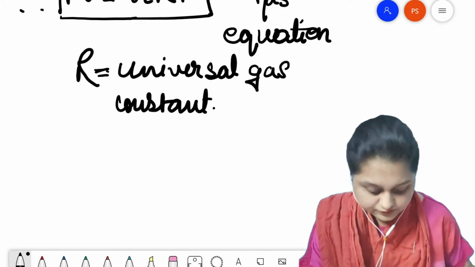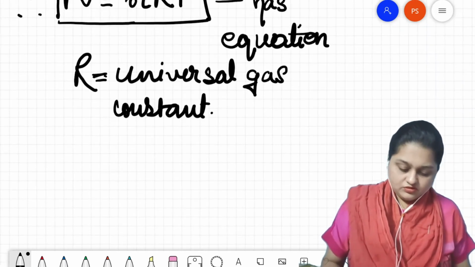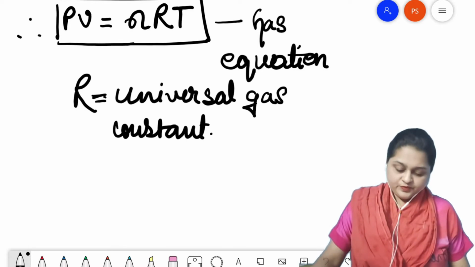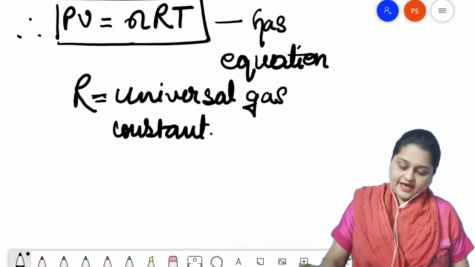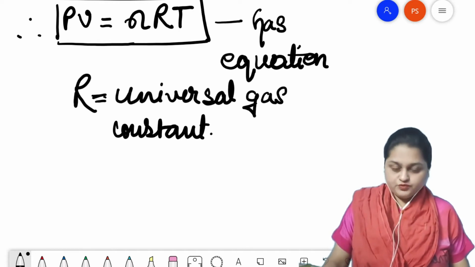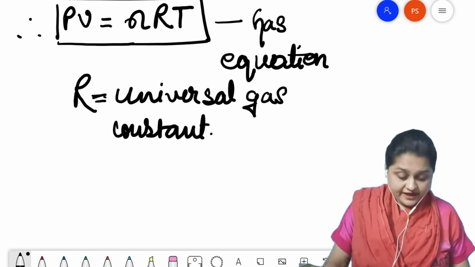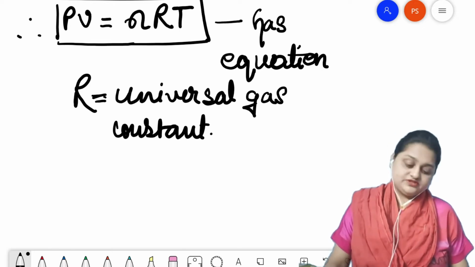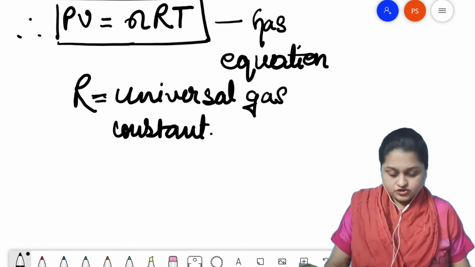Now, we have already seen that there are certain limitations with which gases follow these gas laws, Boyle's law, Charles' law. Under certain conditions gases follow them. In fact, there are gases which show huge deviations from those gas laws, and this gas equation is the combination of those gas laws.